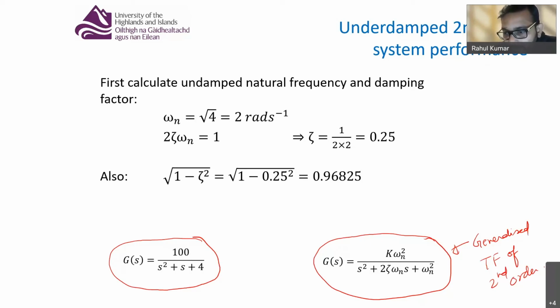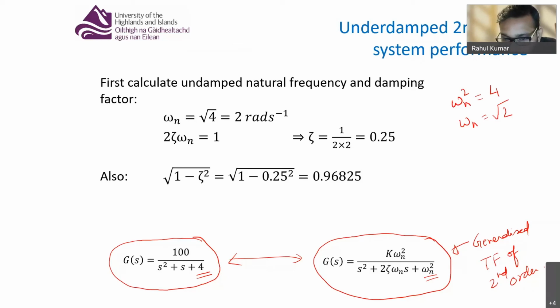So if I compare the last term in the denominator, omega n square will be 4. So we can say omega n will be 2.